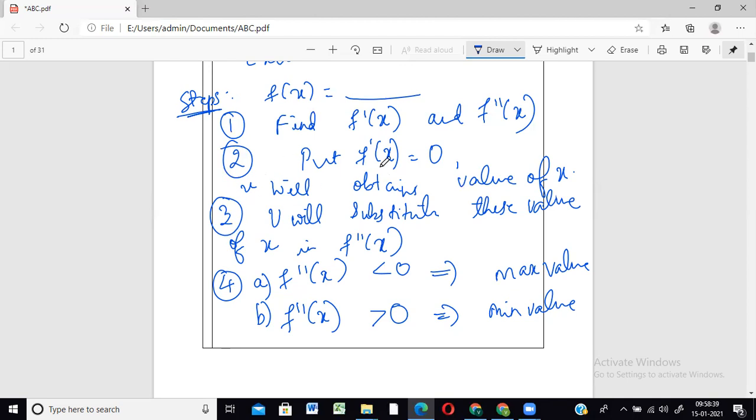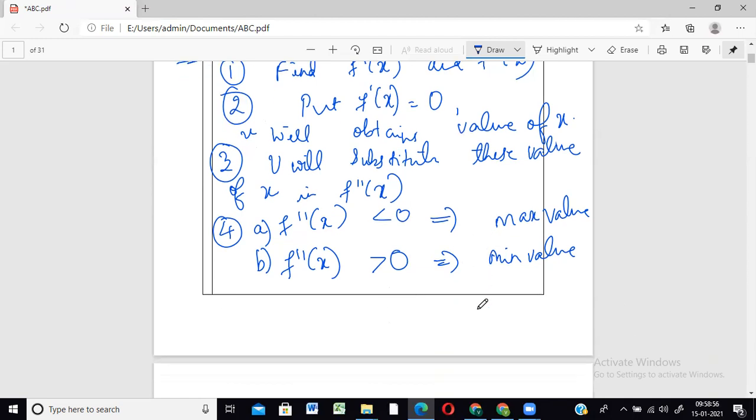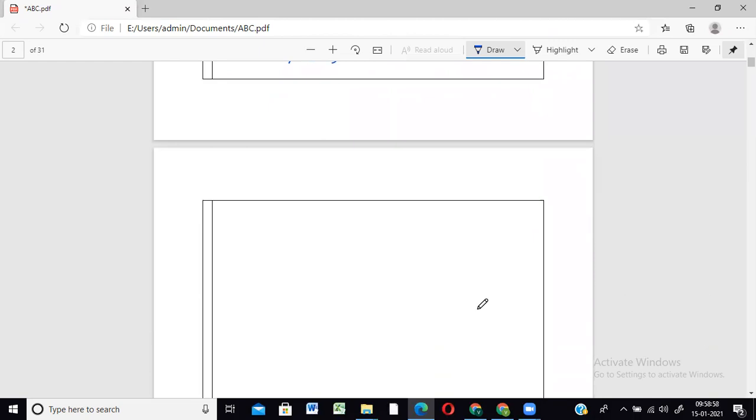Then the third step is to substitute the value of x into f double dash x. After substituting in f double dash x, you have to see whether the value is less than 0 or greater than 0. That will tell you whether the function attains a maximum value or minimum value. I'll take an example and it will be very clear.